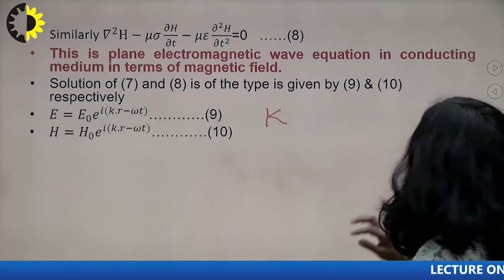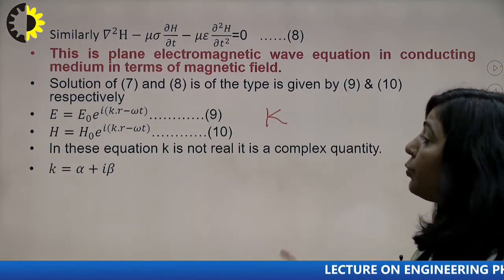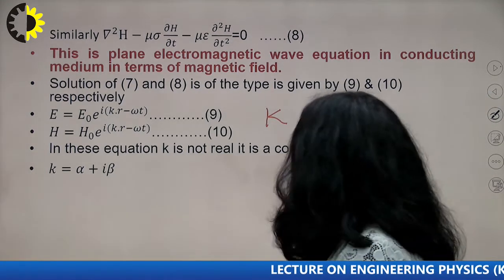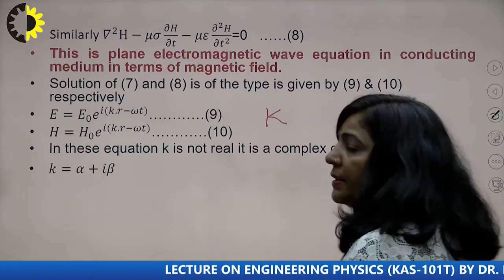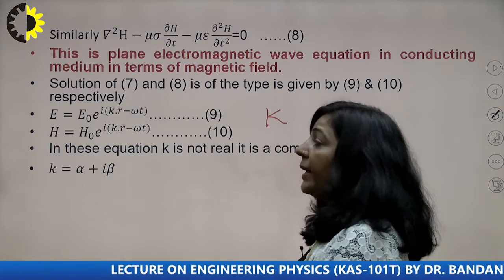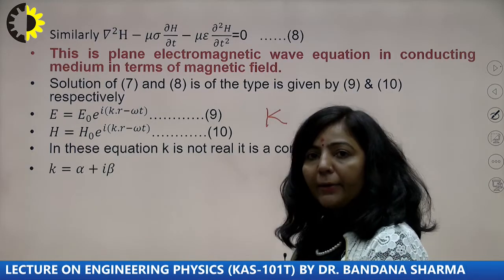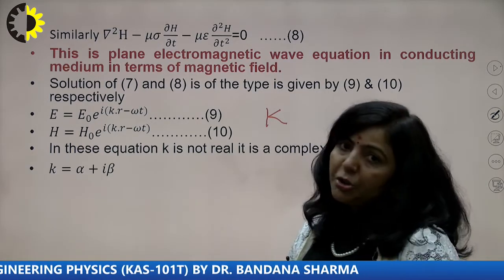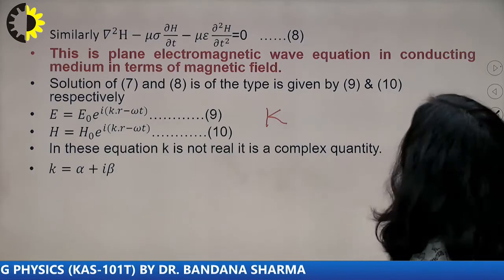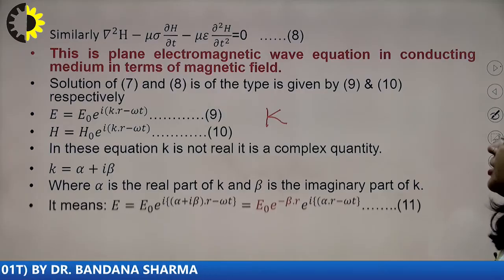So that is the difference. In these two equations, k is not real, it is complex, and if you have a complex quantity, you can represent that complex number as alpha plus i beta, where alpha will represent the real part of the propagation vector and beta will represent the imaginary part, right? So these two, alpha and beta, are the real and imaginary parts of k.